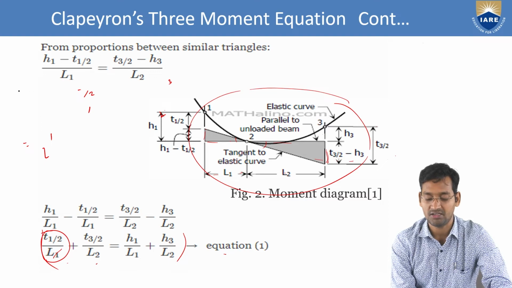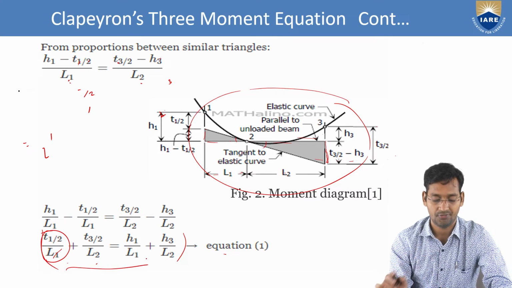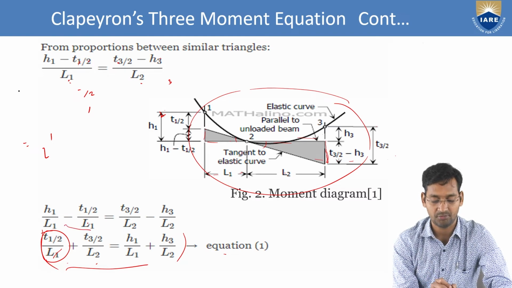Means (H1 minus T122) by L1 is equal to (T322 minus H3) by L2. Just separate the terms: H1 by L1 minus T122 by L1 equals T322 by L2 minus H3 by L2. So after separating, take the T1 terms on one side and the H1 terms on one side.